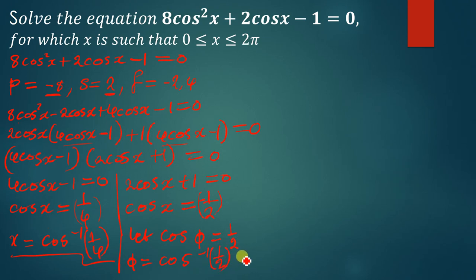So cos inverse of half is simply 60 degrees. You can convert it to radians. Let me just write it on top.